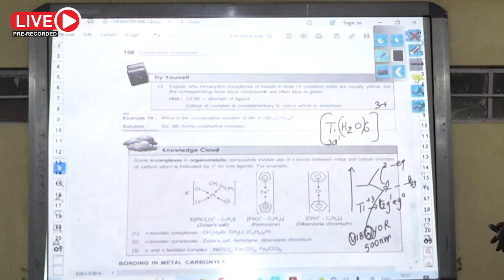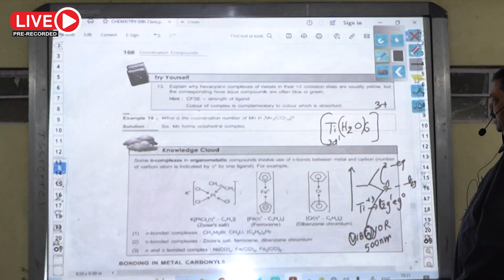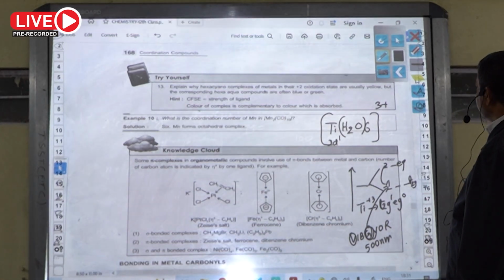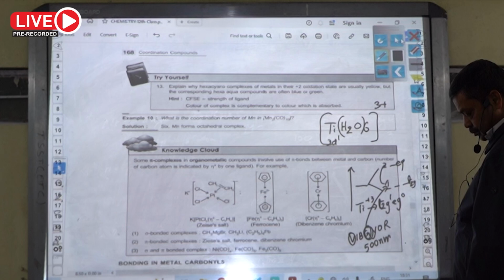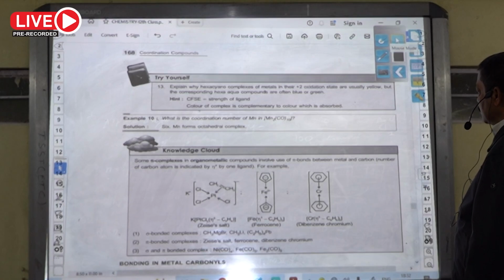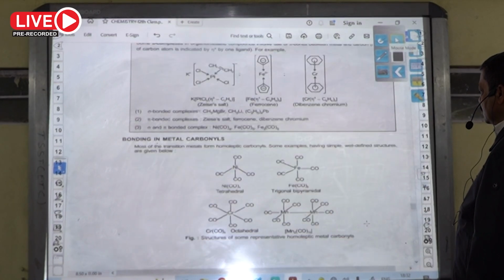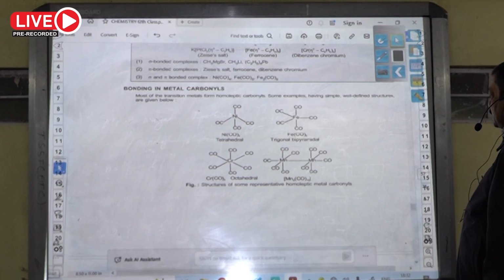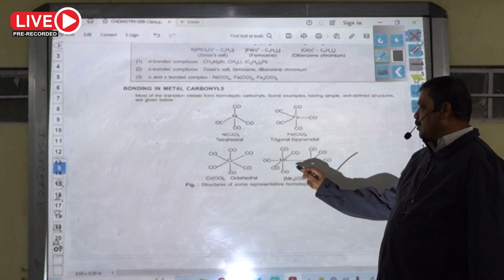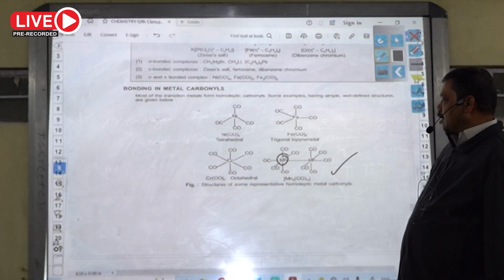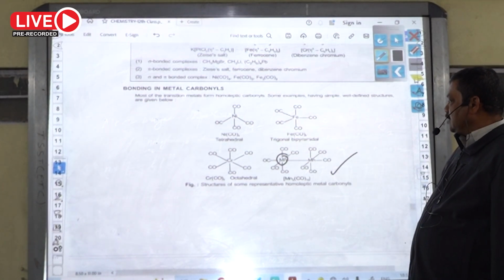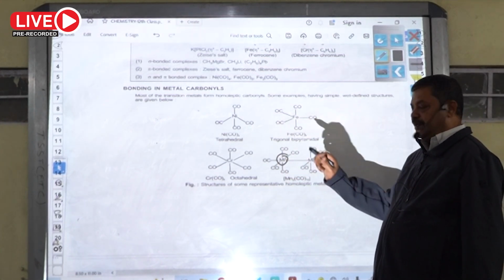What is the coordination number of Mn in Mn2(CO)10? This we have to see. See, this is Mn2(CO)10. So each manganese is surrounded by how many carbon monoxide molecules? 1, 2, 3, 4, 5.